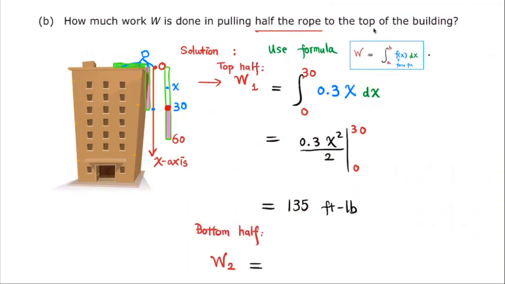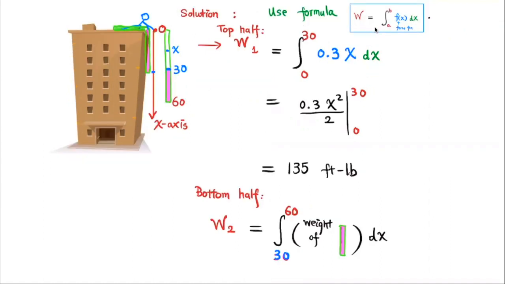Notice that the bottom half of the rope is going to be lifted 30 feet and still hanging here at the edge of the building. The force acting on this part of the rope is equal to the weight of this rope, and it is a constant. X over here will go from 30 to 60.